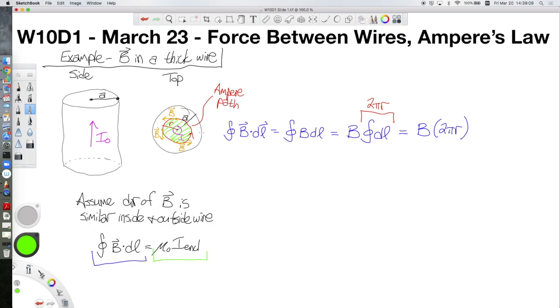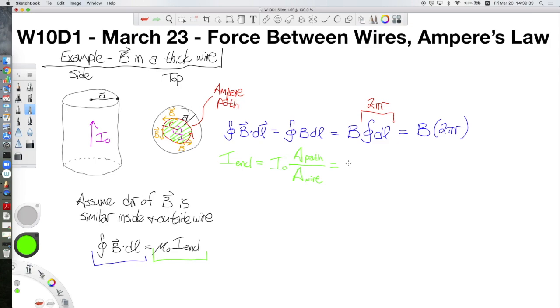So to find the enclosed current, we're going to take the total current and multiply it by the area of our Ampere path divided by the area of the whole wire. So this is proportions, basically. The enclosed current divided by the total current is equal to the enclosed area divided by the total area.